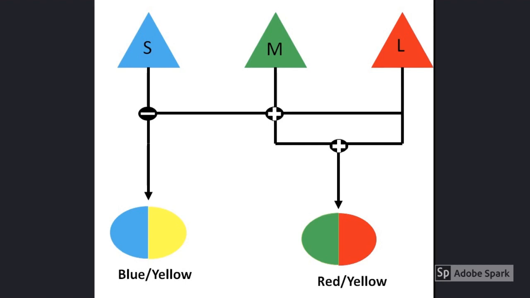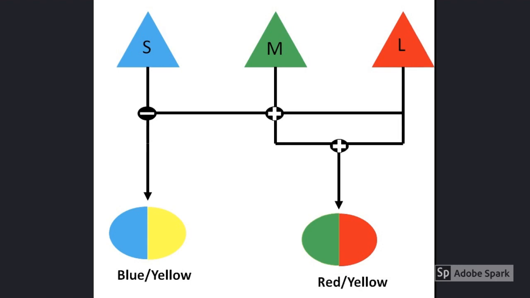So instead, you have a neural pathway that, at an earlier stage of processing that we're not going to worry about, combines input from red and green cones. You have cells early on that take input from both red and green cones in a given spatial location and combine them together.